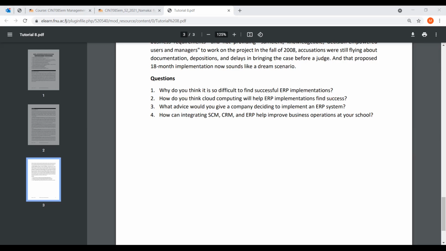Example, you have your email system, your Moodle system, your online student services, all in separate platforms. So you'll have an all-in-one platform if you have an ERP system with SCM and CRM. And finally, fast and efficient customer services.